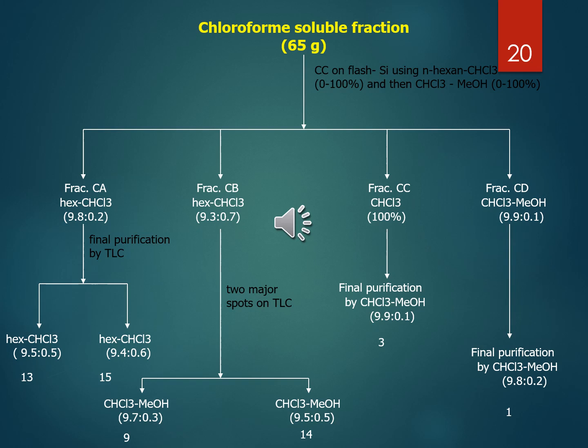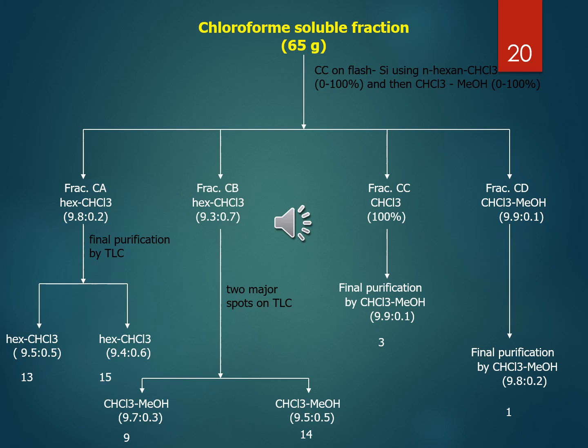The purity of these compounds is checked by thin layer chromatography, and the solvent system which is used to confirm the purity of these compounds is 9.5 to 0.5 hexane-chloroform for compound number 13 and 9.4 to 0.6 hexane-chloroform for compound number 15.